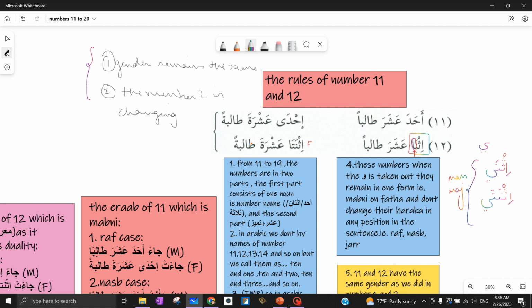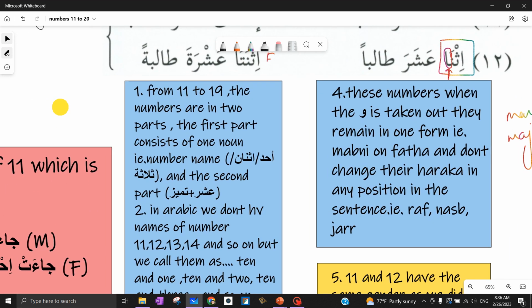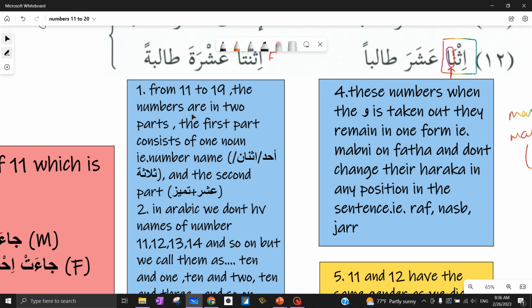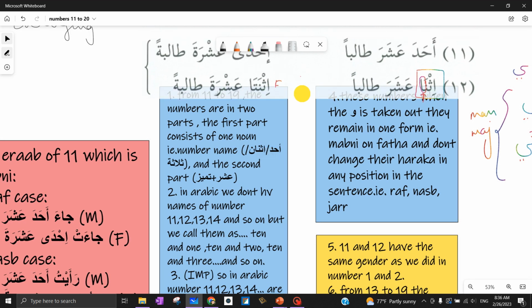Now let's go to the number rules of 11 and 12, as I have done it all before. Just like before, I have collected all the points here. From 11 to 19, the numbers are in two parts. As you can see here, the numbers are in two parts.